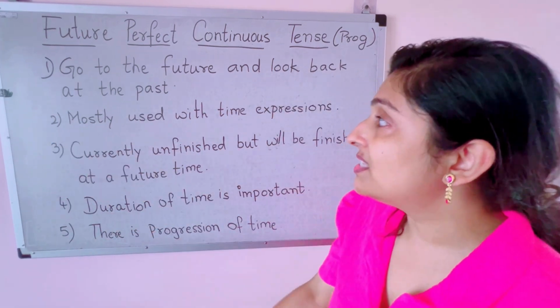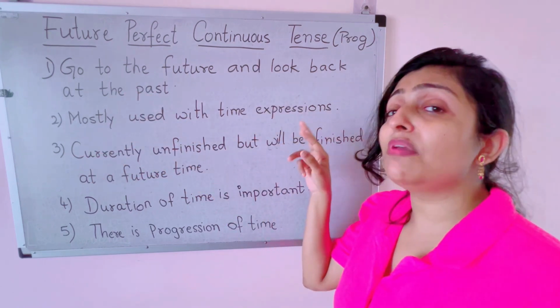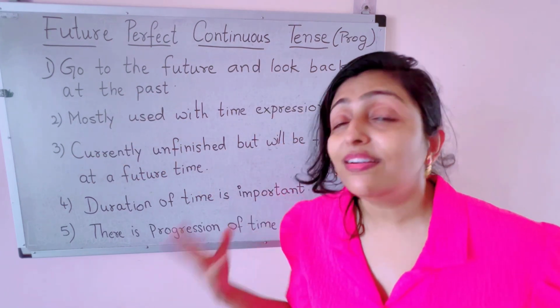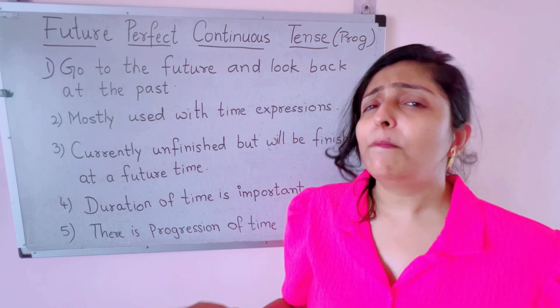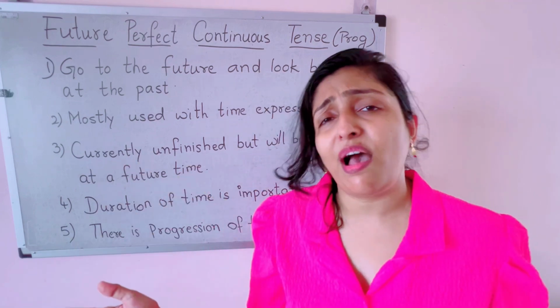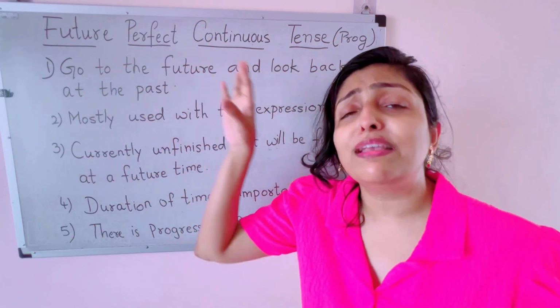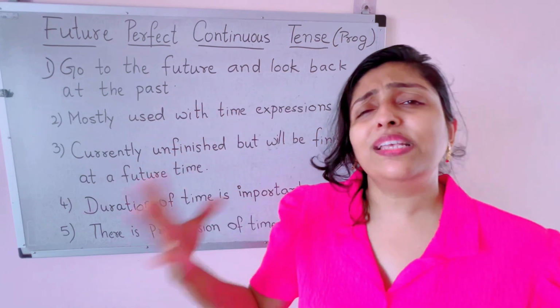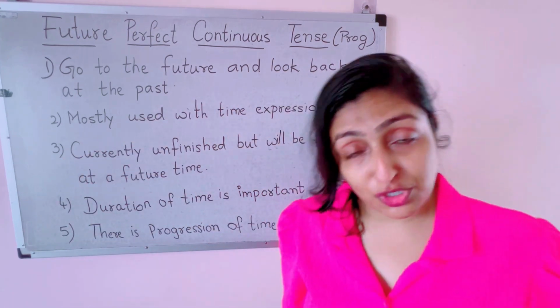Second point is mostly it is used with time expressions. Now, what are time expressions? By 3 p.m., by the end of summer, by Sunday, all these are time expressions. So future perfect continuous tense, you can see mostly with time expressions.